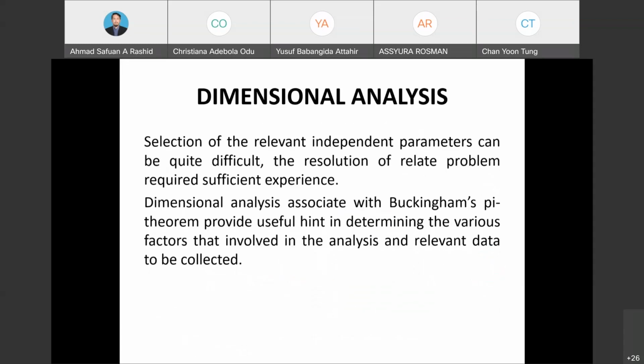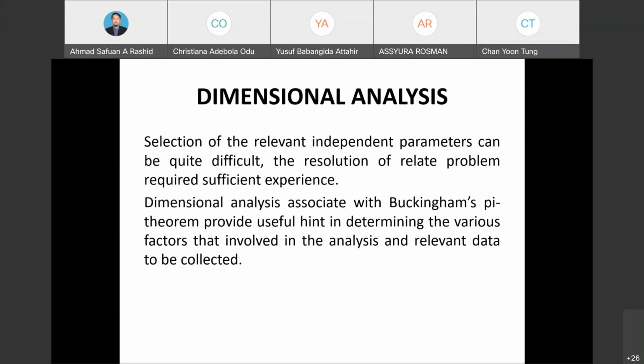So selection of the relevant independent parameters can be quite difficult. The resolution of related problems requires sufficient experience. For example, it may depend on your interest. If you want to look more at parameter A, most of your equations have the A parameter.